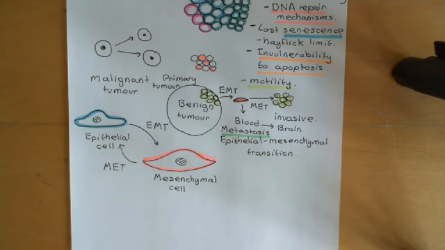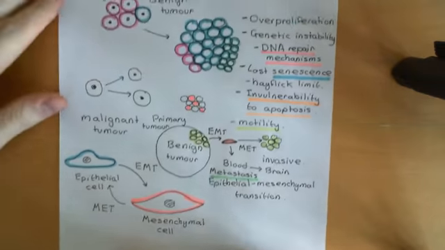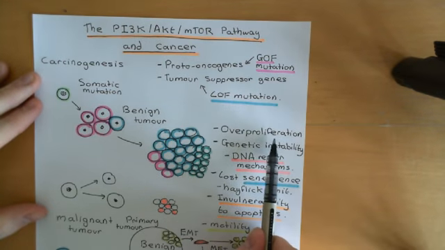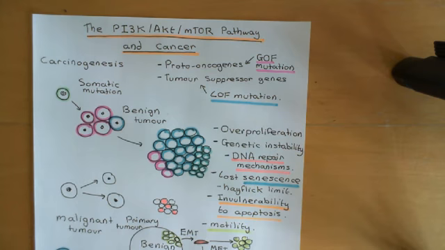So what we have seen here is the utter importance of the overproliferation of cancer cells. That's the utterly key phenotype of cancerous cells.